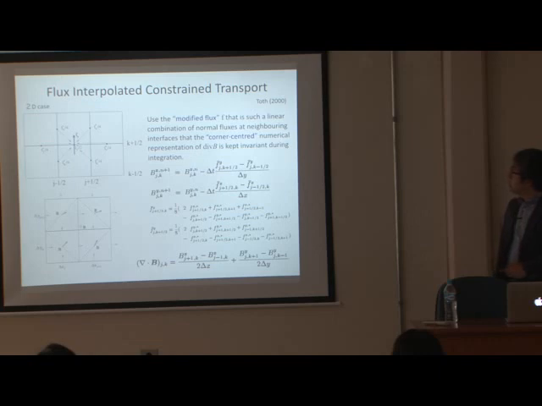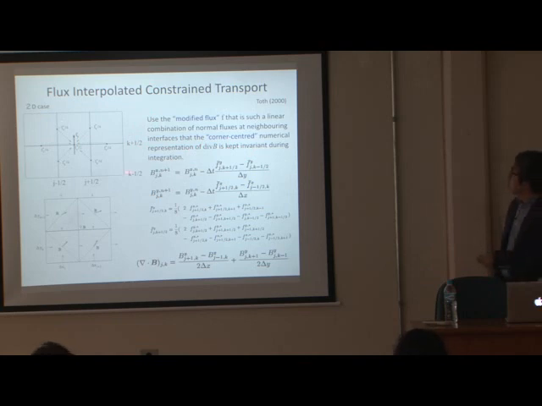The second part is flux-interpolated constraint transport. We use a modified flux, a linear combination of the normal fluxes of the neighbors, such that the corner-centered numerical representation of divergence B is kept valid during the integration.